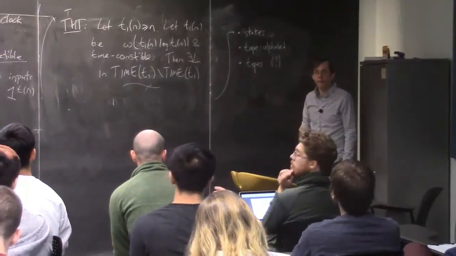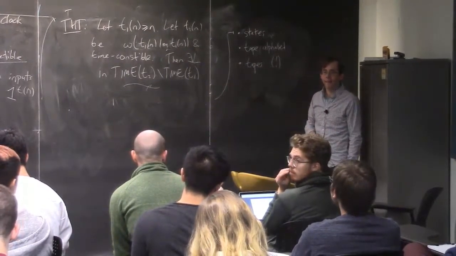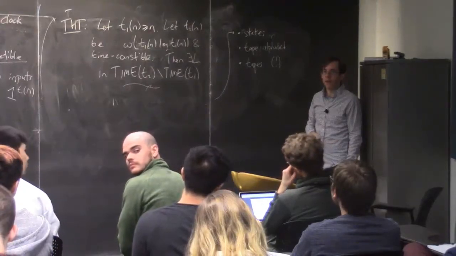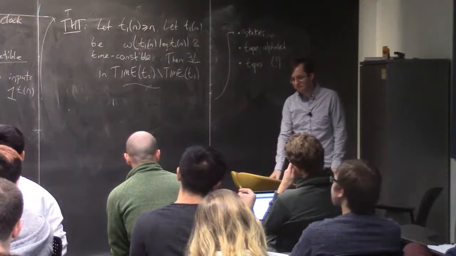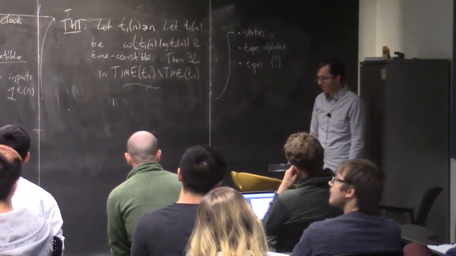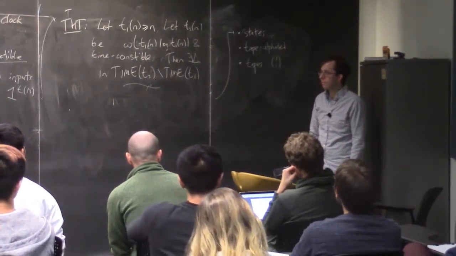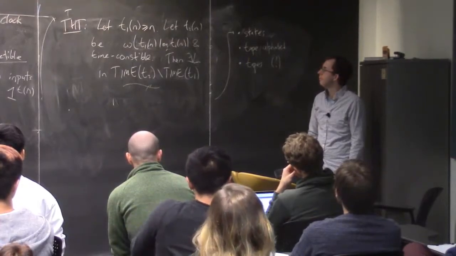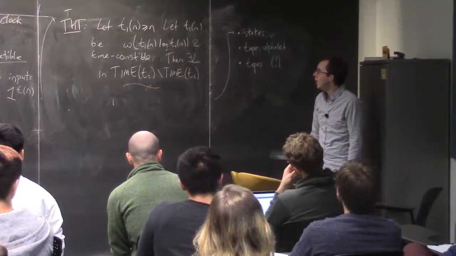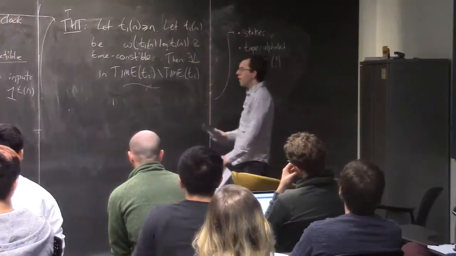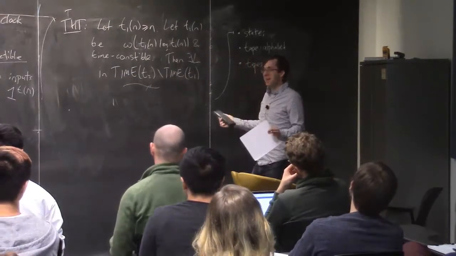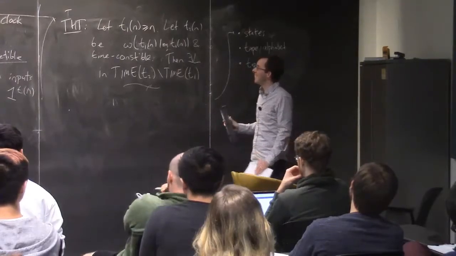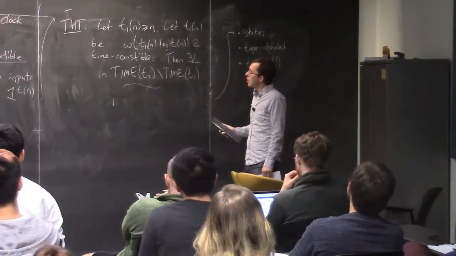Yeah. Does it actually matter that T2 is time constructible, or do you just need T1.5 to be time constructible? Is it possible that T2 isn't time constructible, but you hard code in some T1.5 that's smaller than T2 that is time constructible and things still work out? No, I think you need. I mean, first of all, in life, all the functions are going to be time constructible anyway. But this is, I guess, the time in our life when we should discuss these things. I don't think so, right?